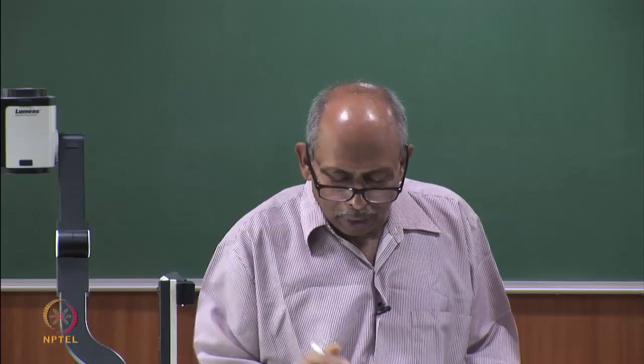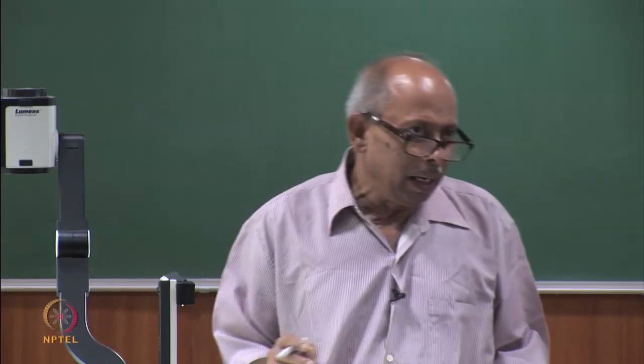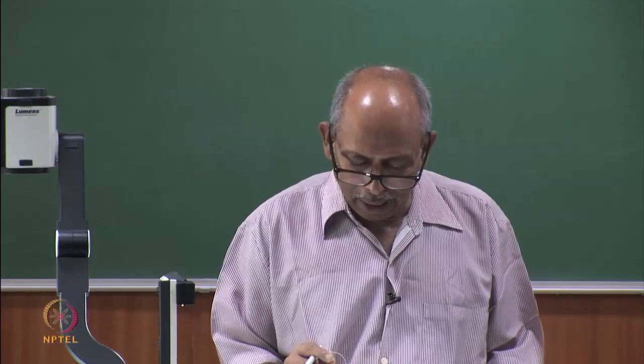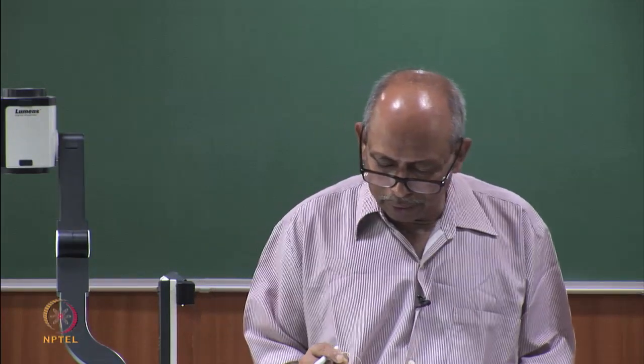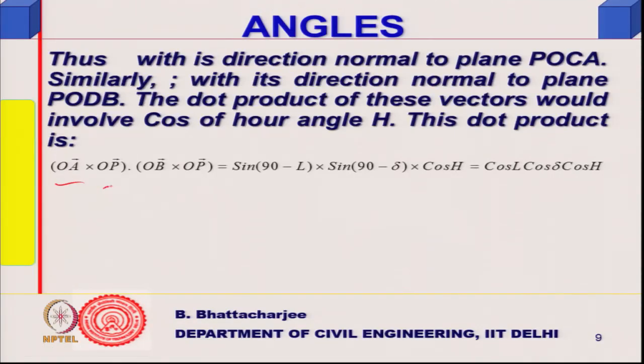So, cos of hour angle will be involved when I take vector products of vectors as they are. So, you can see that OA OP I said dot OB OP, and included angle is the hour angle. It was like this, if you recollect, another one was like this, and another one was like this.